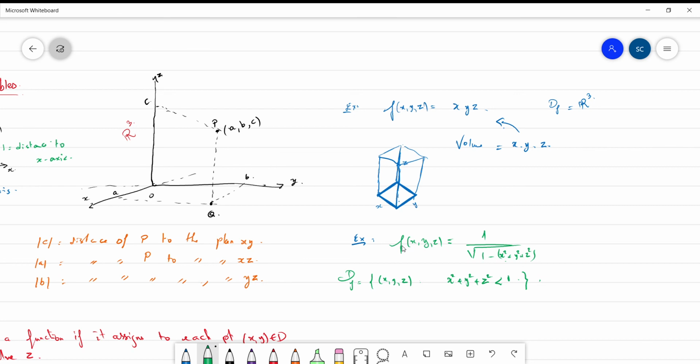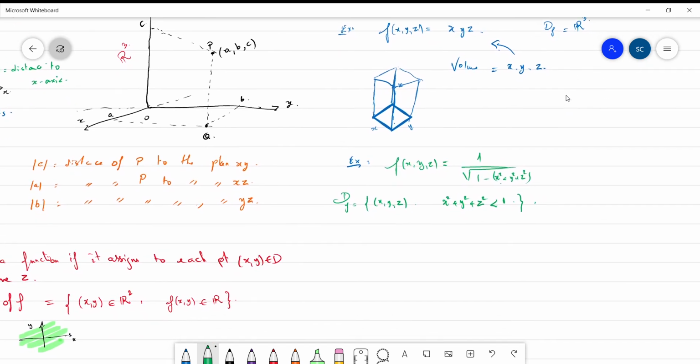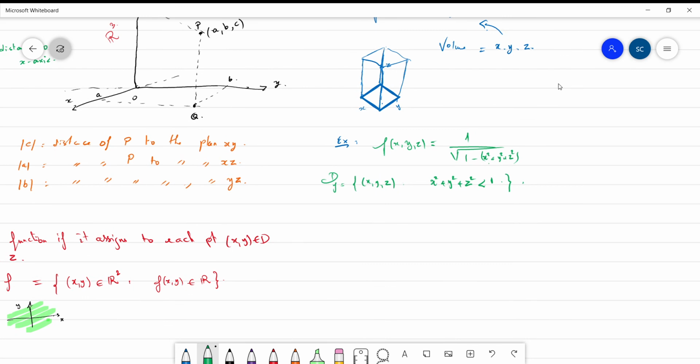This set also represents the set of points at a distance less than 1 from the origin. So it will be the set of points inside the unit sphere.